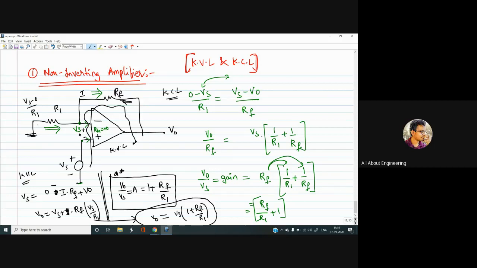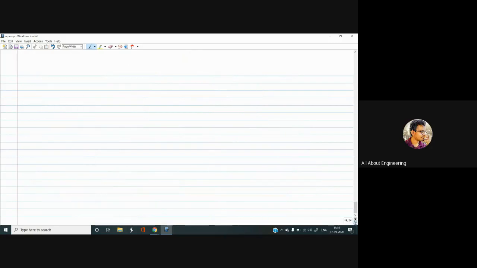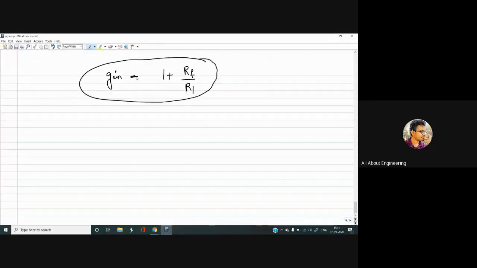Now, if you look here, clearly the gain is depending on, let me go to a fresh page, the passive components, that is 1 plus RF by R1. So here you might ask me a question.